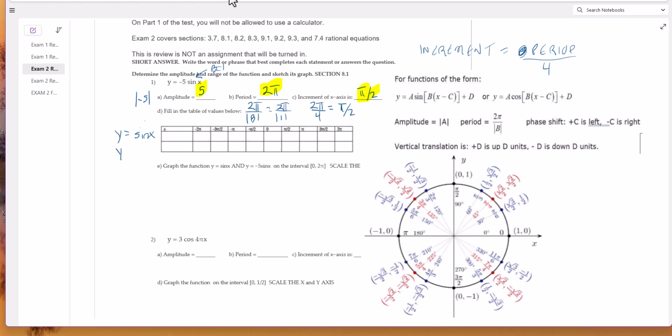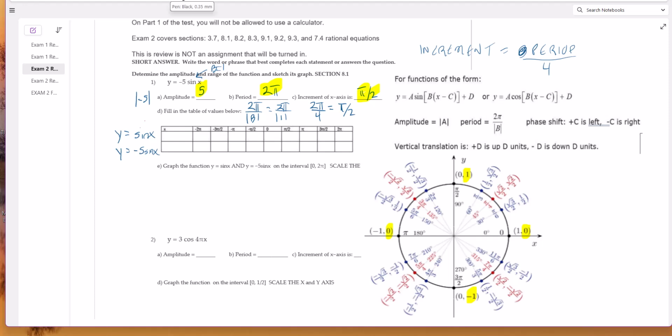And then the second row, we're going to do y equals -5 sine x, where you just have to do a simple arithmetic process. If you look at the unit circle down here, remember the sine is the y value. So if you go around this unit circle, you're getting these key y values right here. You don't really have to worry about any other values, just these.